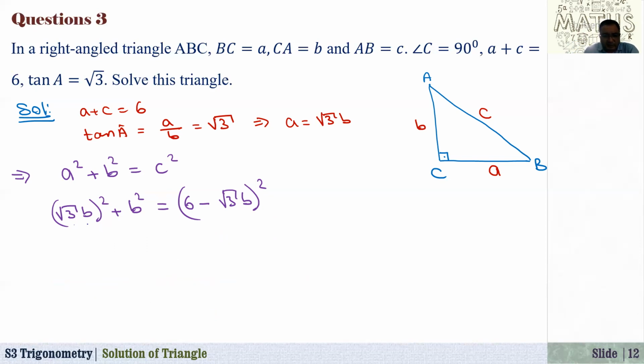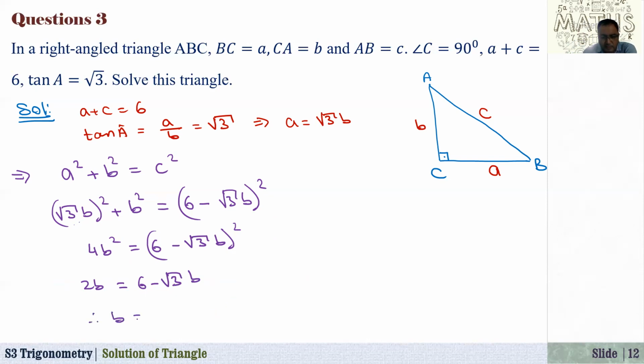So on the left-hand side, we have 4B squared, right? So 4B squared is equal to 6 minus square root of 3 B squared. Now, if you take the square root of both sides, here we have 2B is equal to 6 minus square root of 3 B. Or what is B here then?